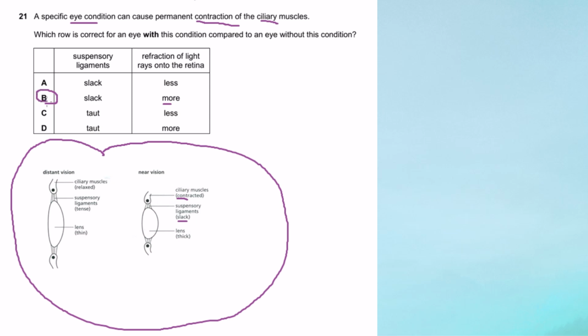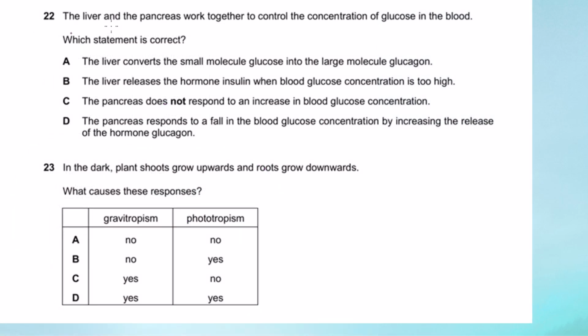This is one of those questions that's a little more complex and shows the difference between extended and core. This is another one where I think it's easiest to look at which statements are wrong. So we're told the liver converts glucose into the large molecule glucagon. Nah, it's not A. The liver releases the hormone insulin when blood glucose is too high.